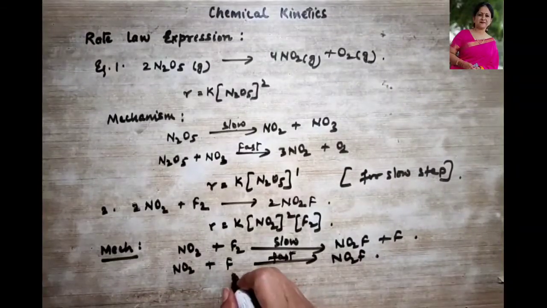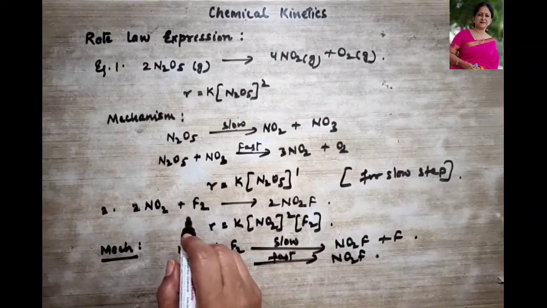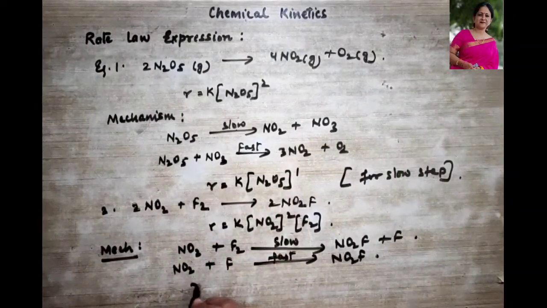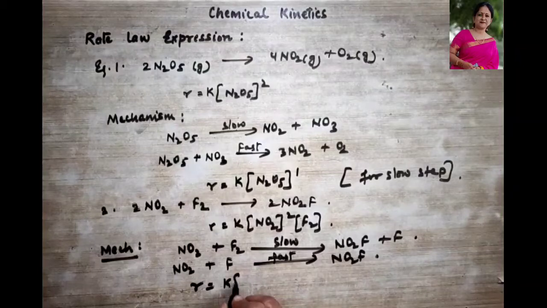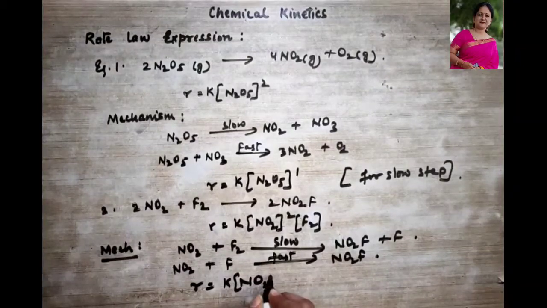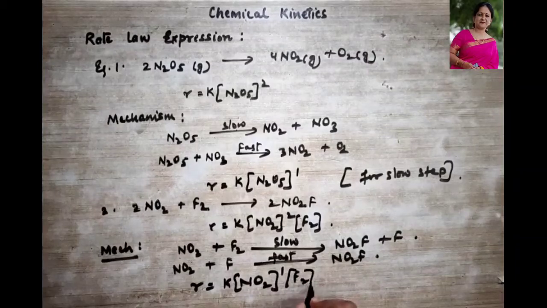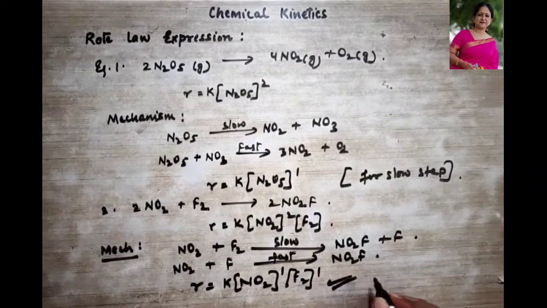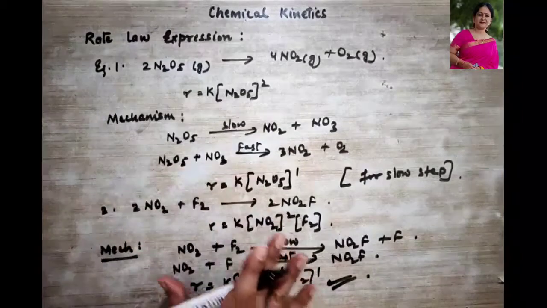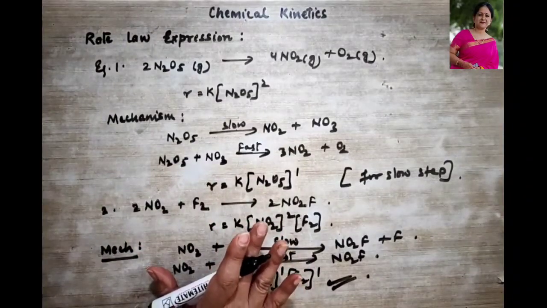So for the slow reaction, what will be your rate law expression or rate equation? R is equal to K [NO2] to the power of 1 [F2] to the power of 1. So this is your rate equation. I hope this rate law expression is clear to you.